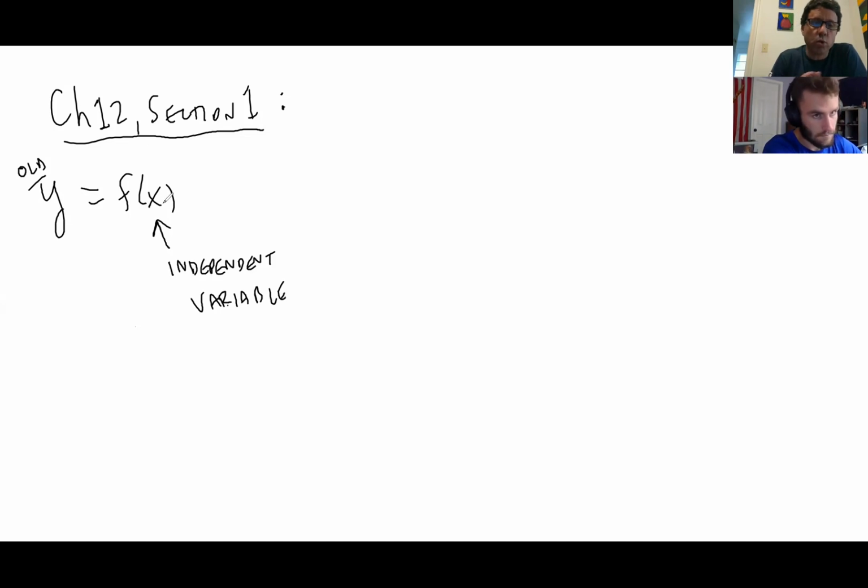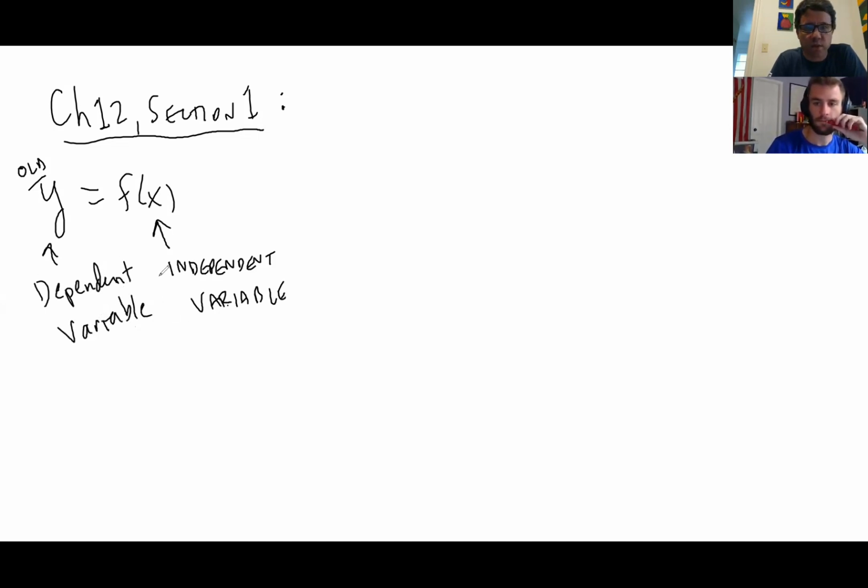And then once you know what that x is, you can get y, because you plug it into the function and you get y out. That's called the dependent variable. So what's the difference? One variable can move around, that's called independent, and the other one depends on that particular value.